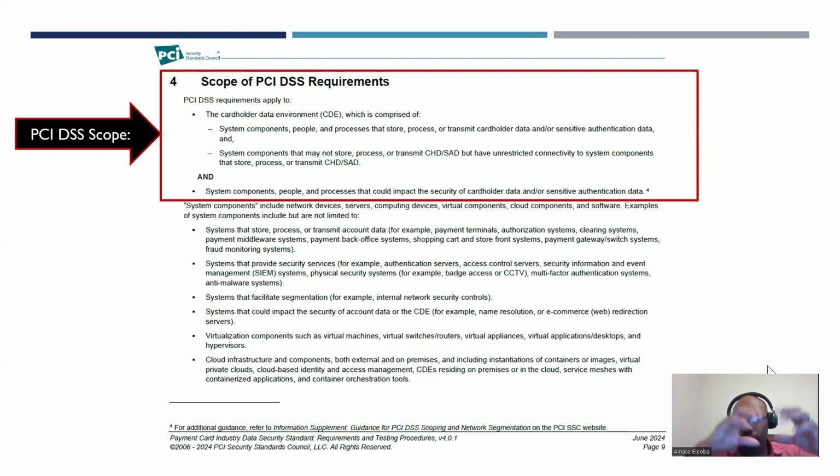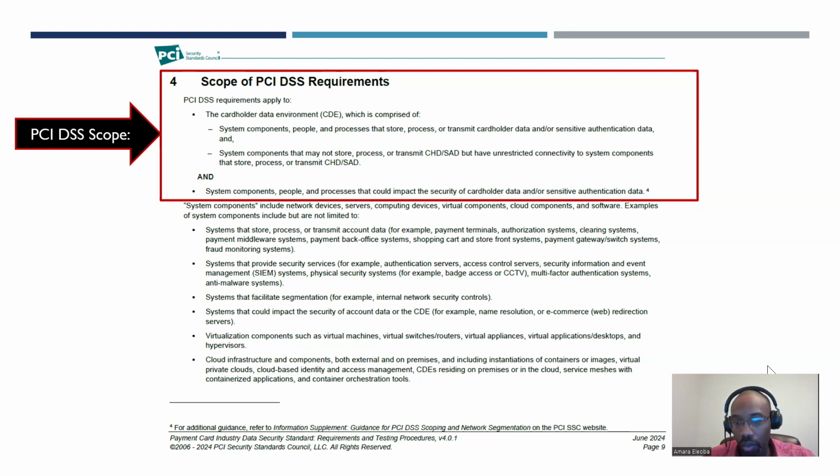And this includes, one, system components, people, and processes that store, transmit, and process cardholder data and/or sensitive authentication data. And also system components that may not store, process, or transmit cardholder data and sensitive authentication data, but have unrestricted connectivity to the components that store, process, or transmit cardholder data and sensitive authentication data.